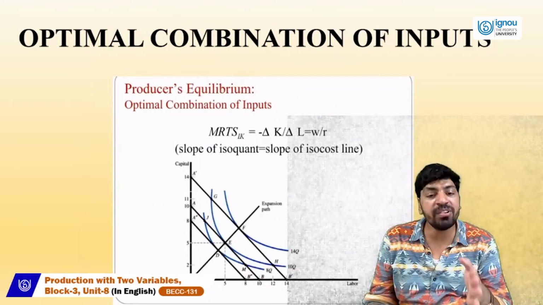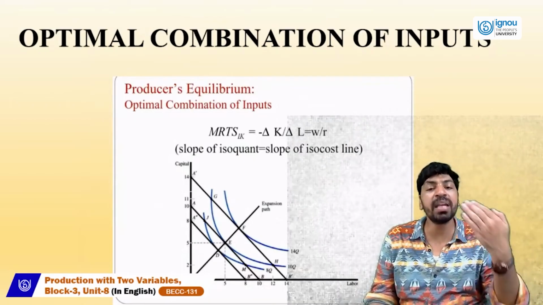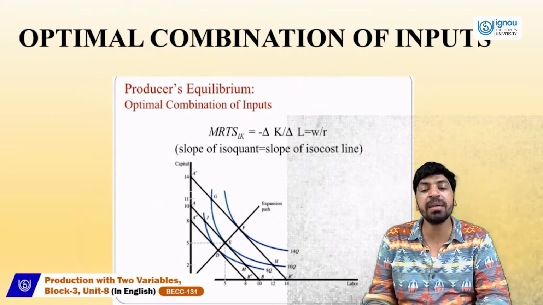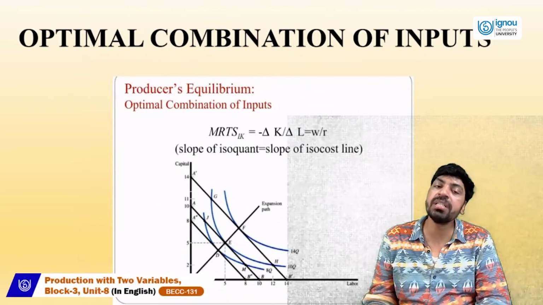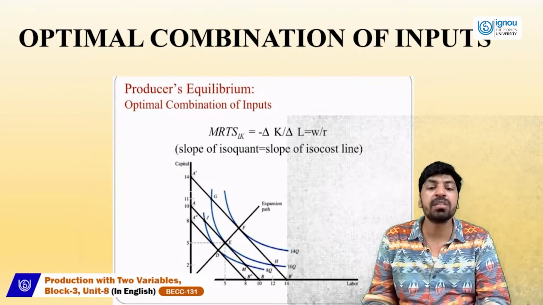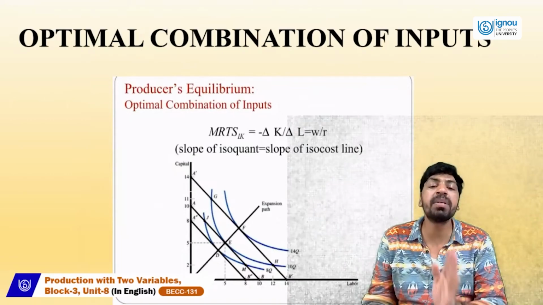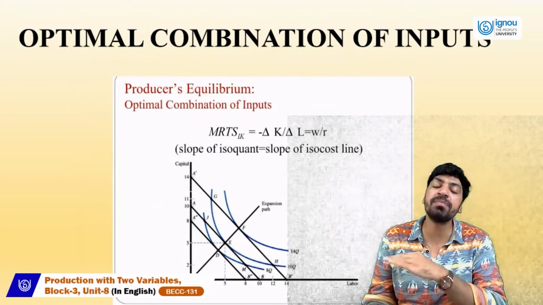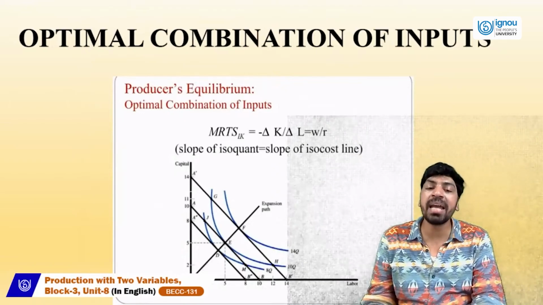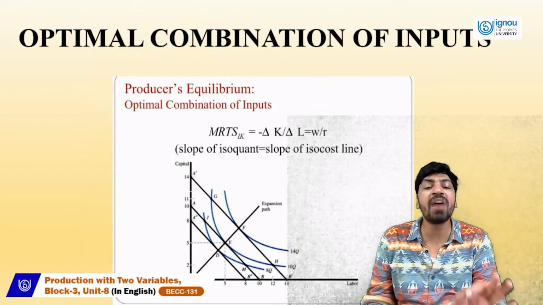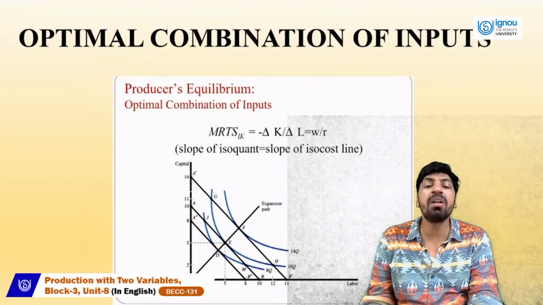This is the main reason that if you increase, say, the price of labor, it automatically changes the price of capital. So the main optimum level is E, where it produces the same level of output, by combining these two inputs, that is 5 units of output.